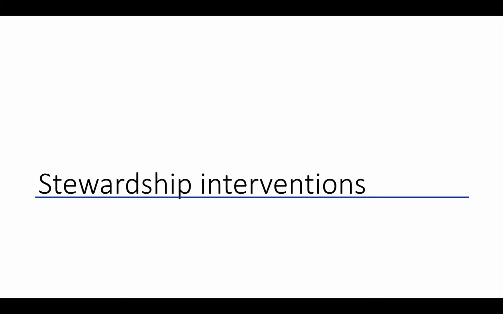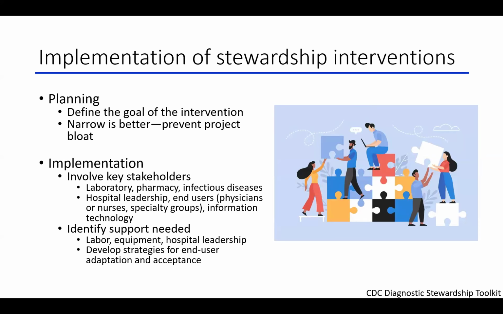And then I just want to touch real quick on interventions. What can you do if you want to do a stewardship implementation? In the planning phase, you want to narrowly define the goal of the intervention. I say narrow, narrow, narrow, because once you start looking at one thing, you want to look at more and more, and it bloats, and then you never get this off the ground. So make them small.